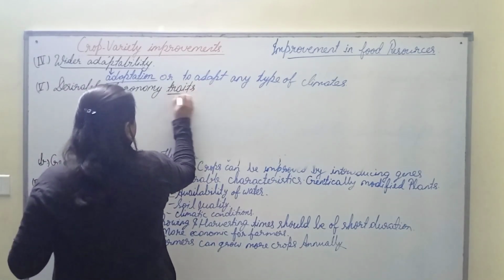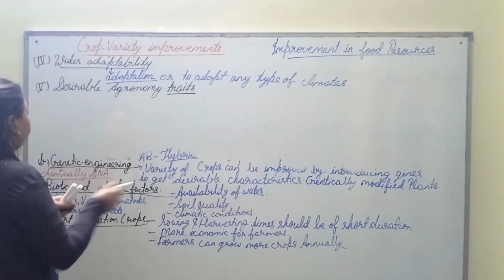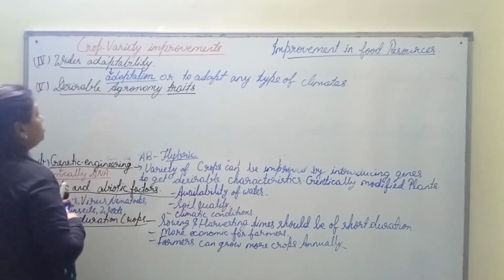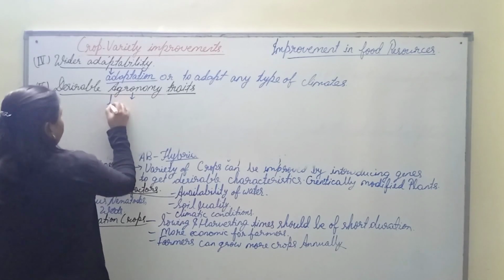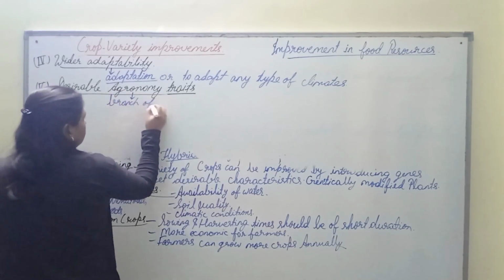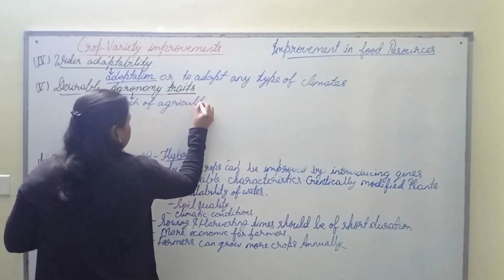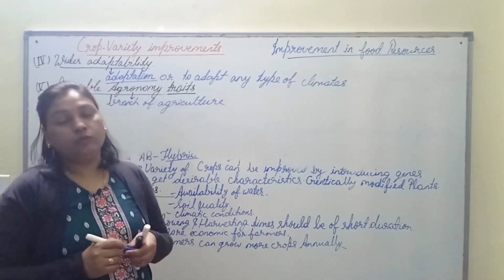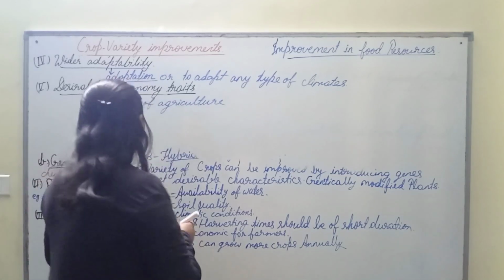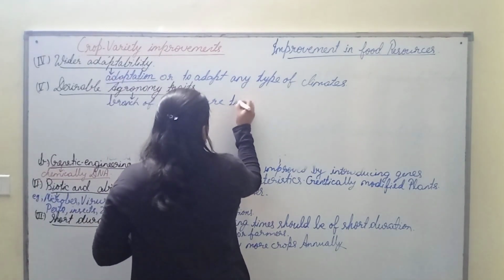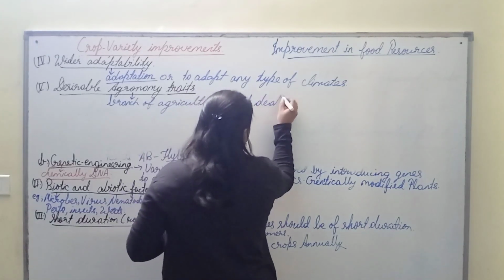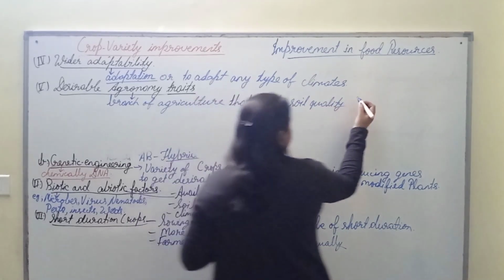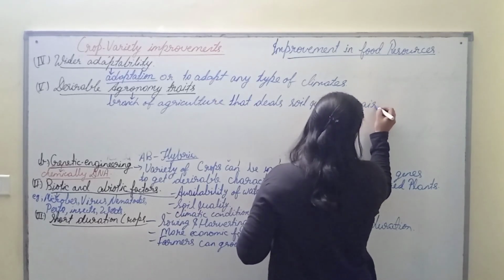This trait here means characteristics, and agronomy is the branch of agriculture that deals with the soil quality and also deals with the different methods of raising crops.